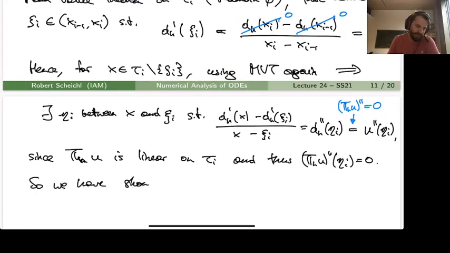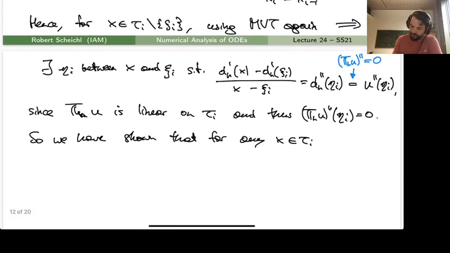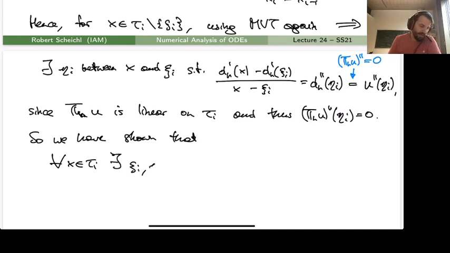If we rearrange this, then for any point x in tau I, so let's write it as a mathematical statement. For any x in tau I, there exists a xi I and an eta I in the interval tau I such that dh primed of x, so this is 0 again, remember?